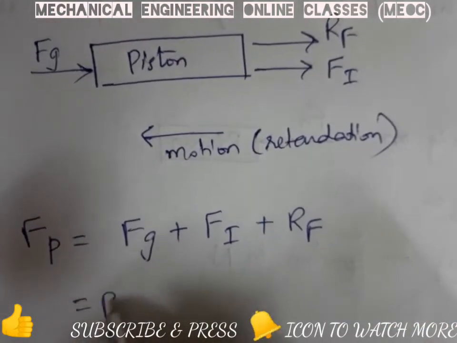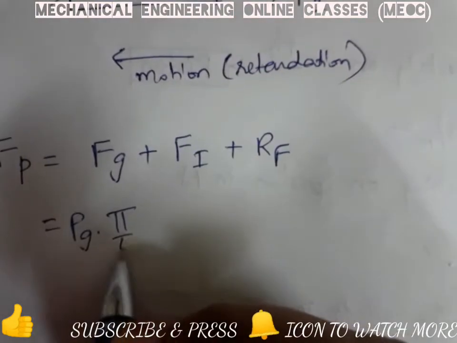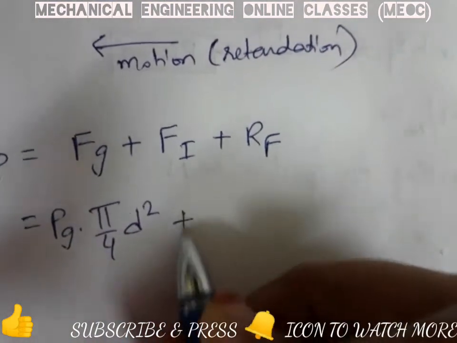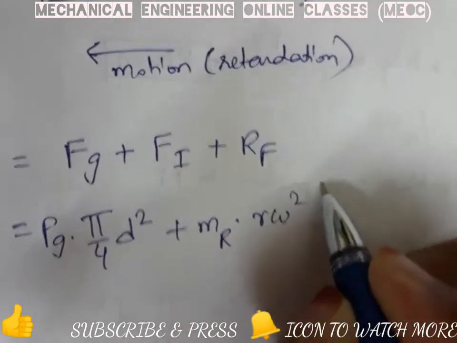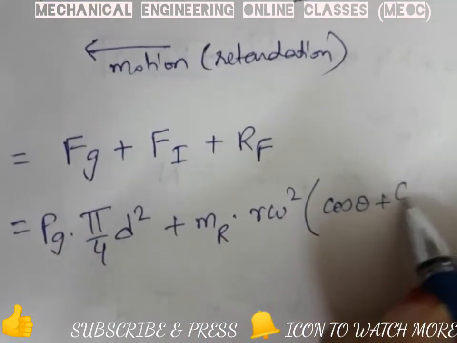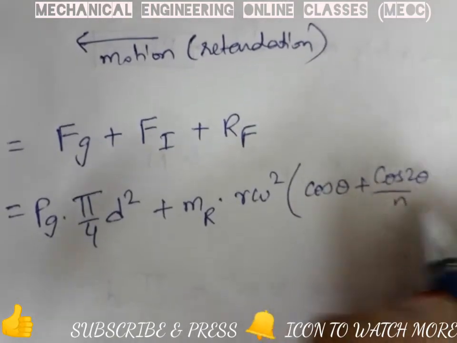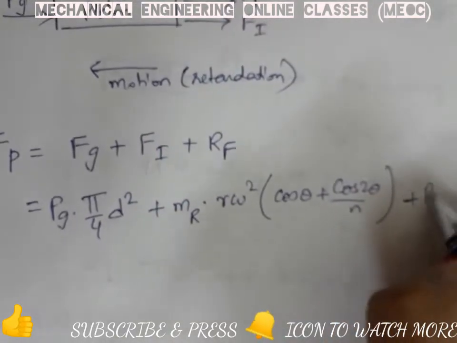This is nothing but Pg into pi by 4 d square plus mass of reciprocating part into r omega square into cos theta plus cos 2 theta by n, plus Rf.